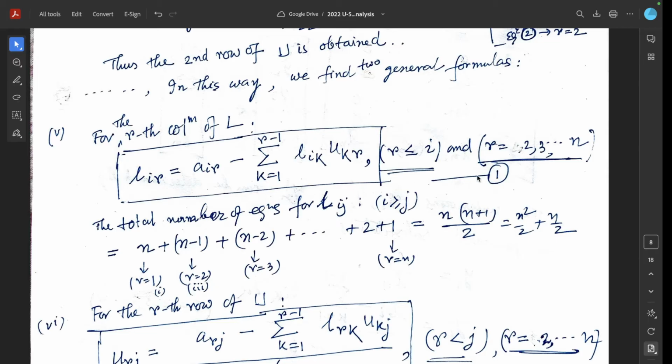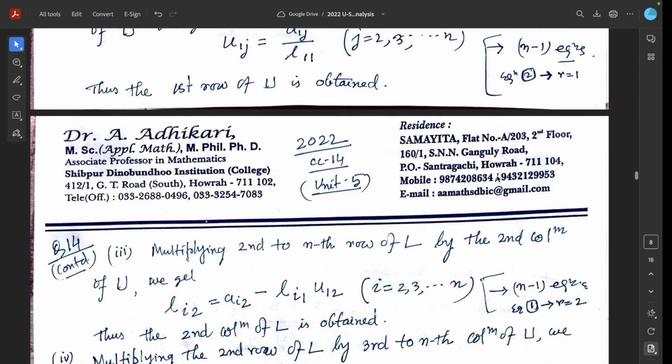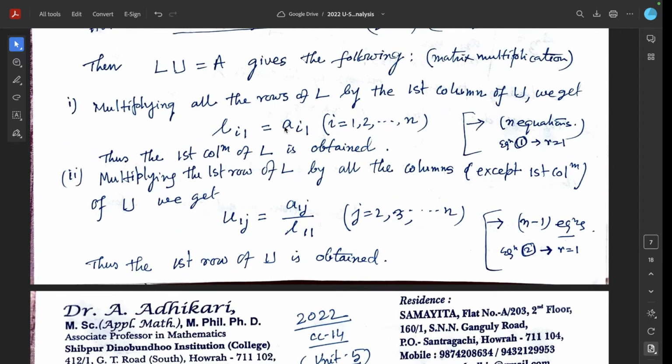Actually, r runs from 2, 3 to n. If r equal to 1, then k equal to 1 to 0, so all these terms vanish. So Li1 equals Ai1. When r equal to 1 in equation 1, we get this case.